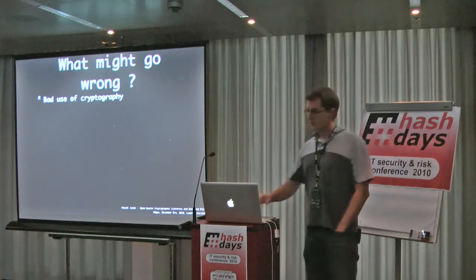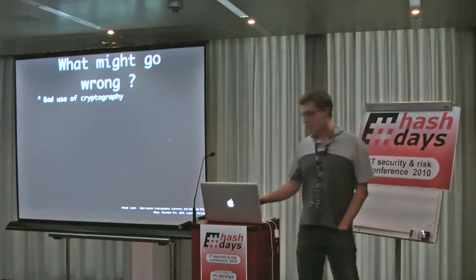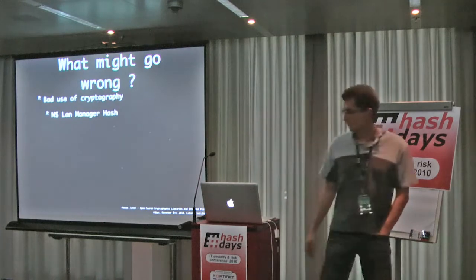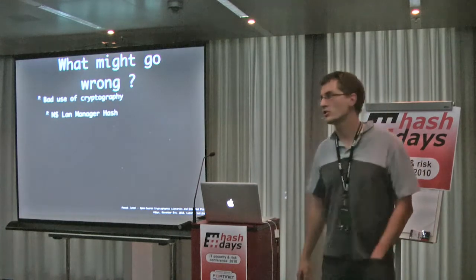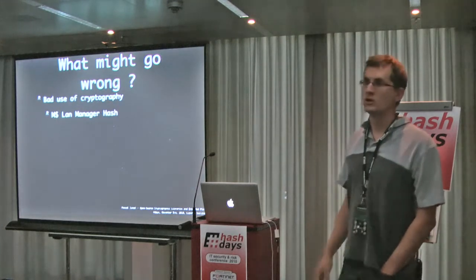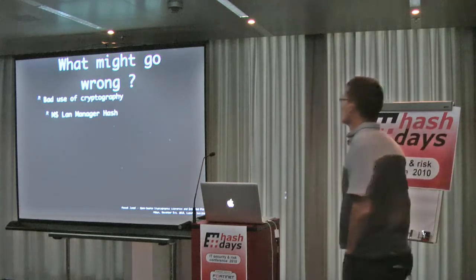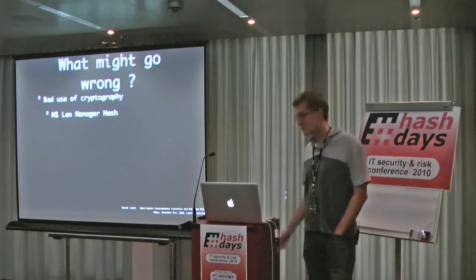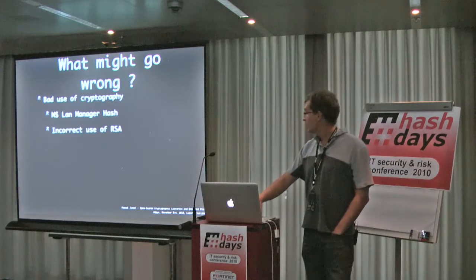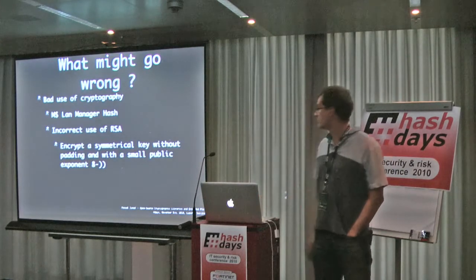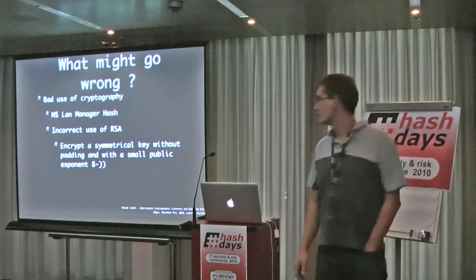Now, there are plenty of other examples of bad use of cryptography. For instance, the famous LAN Manager hash by Microsoft, which completely screwed up the authentication scheme. Philip might say a bit more about this later, or not. There are plenty of ways to use RSA incorrectly.